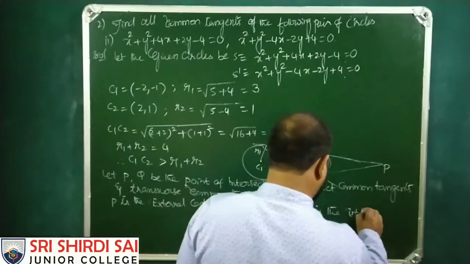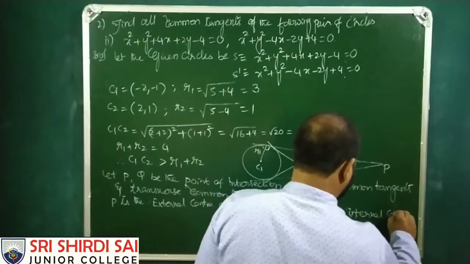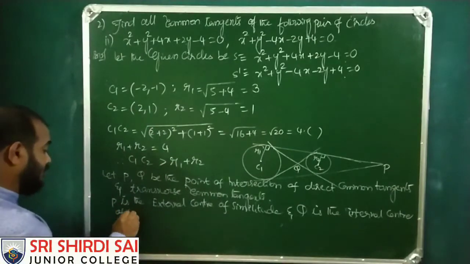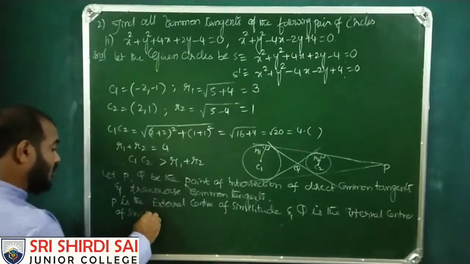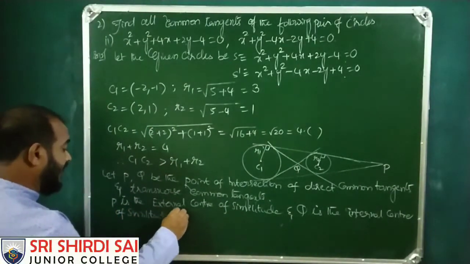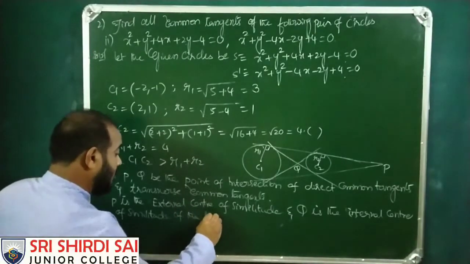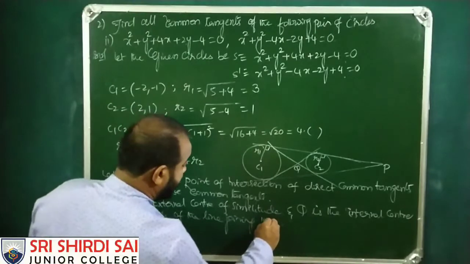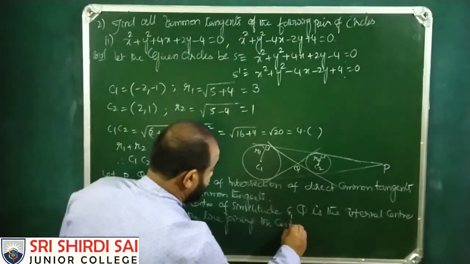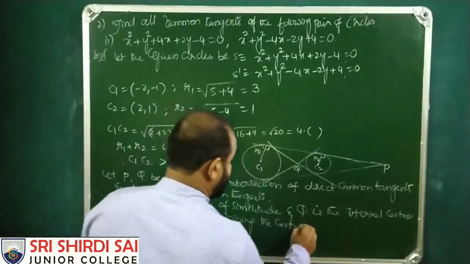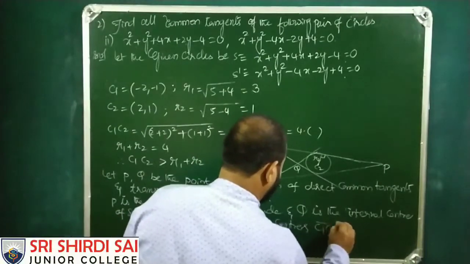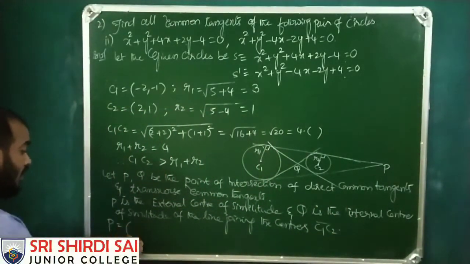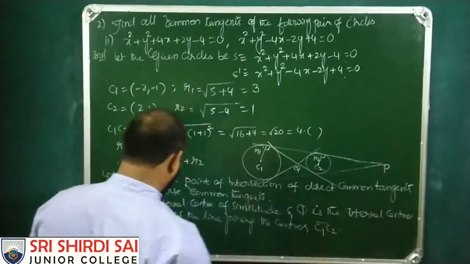Okay, internal center of similitude of the line joining the centers C1 C2. So P is equals to, how do we get this P?